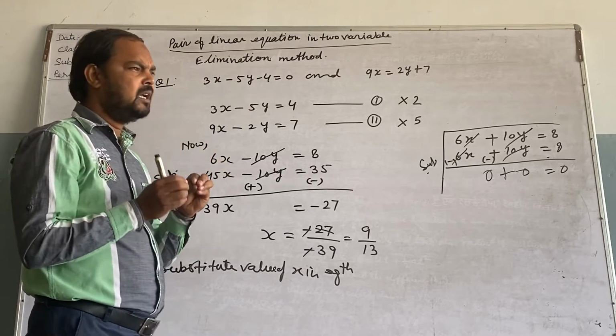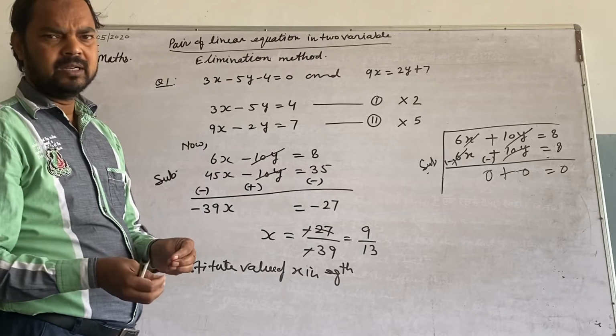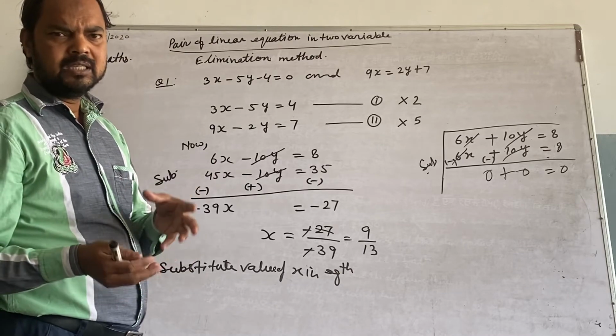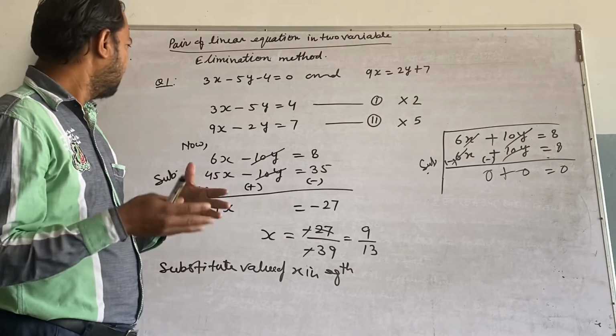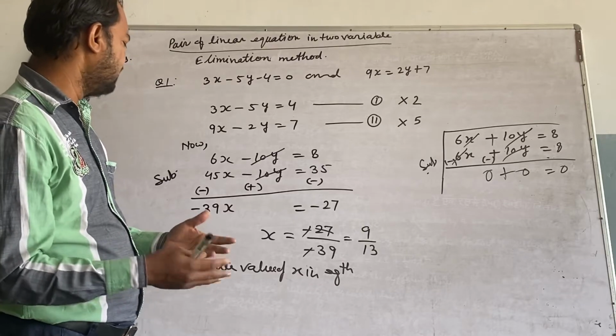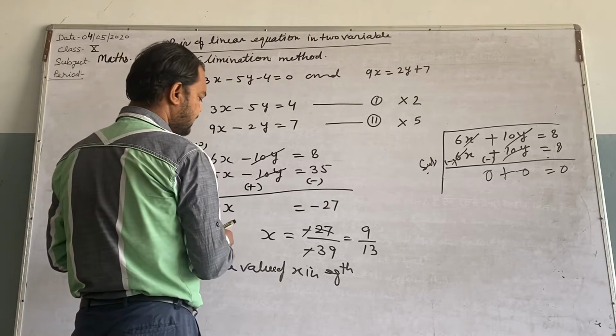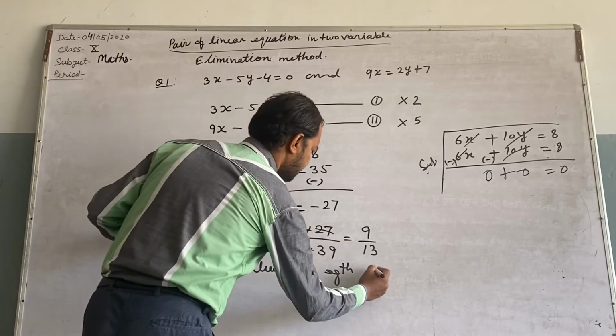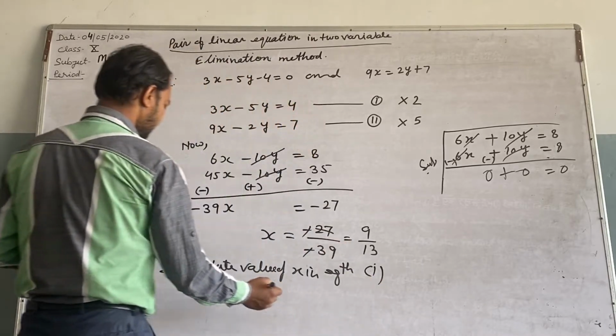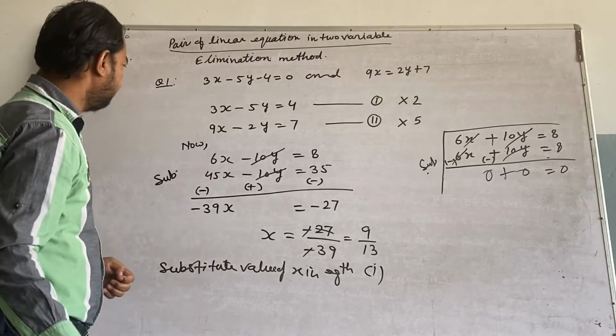Choose the equation which has lower coefficients, as I showed in the small calculation. You can use either 1 or 2. So substitute the value of x in equation first.